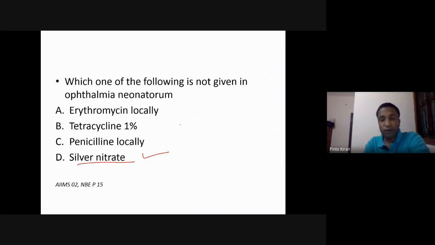So they used to give it to all kids, whether the mother had gonococcal infection or not, they used to put the drops. Okay, that was used irrationally, and over a period of time, some children started developing a conjunctival infection that is termed chemical conjunctivitis.